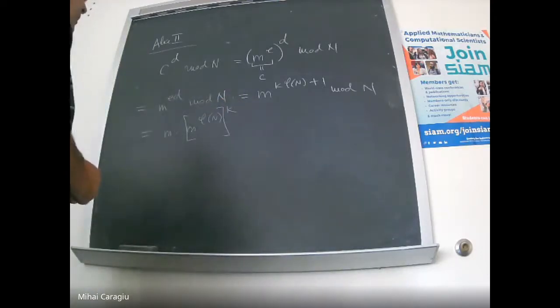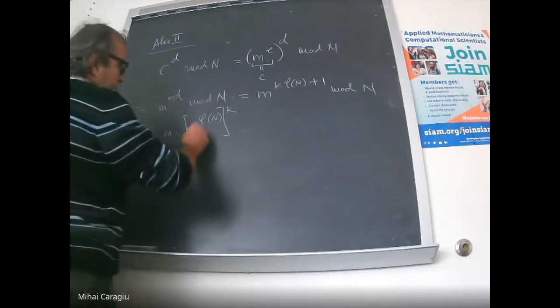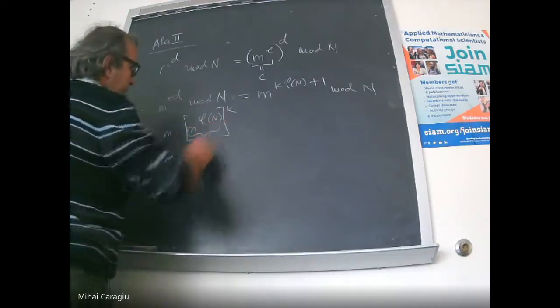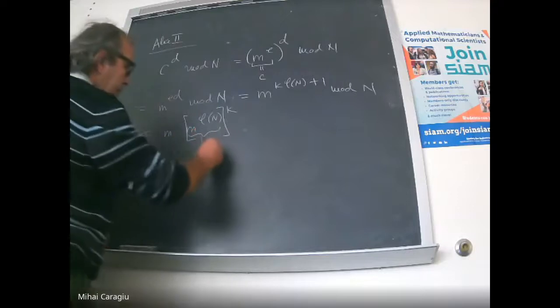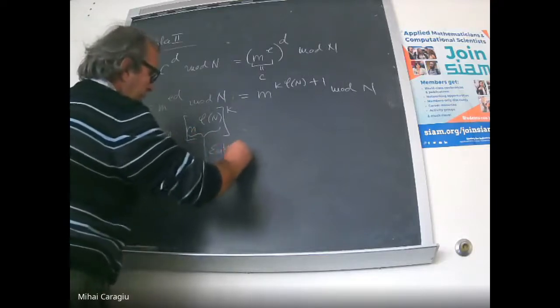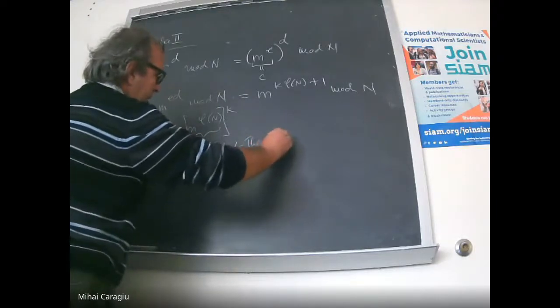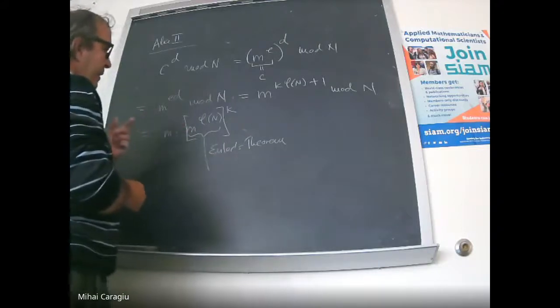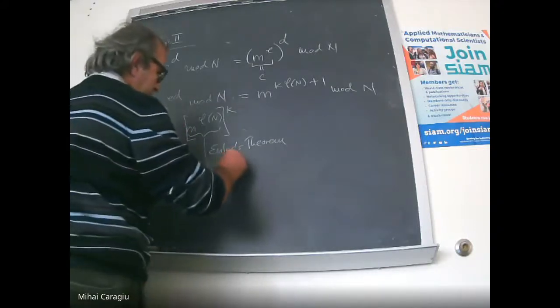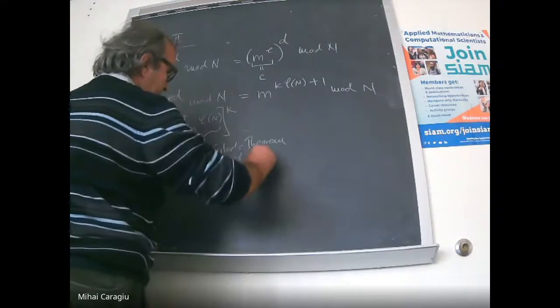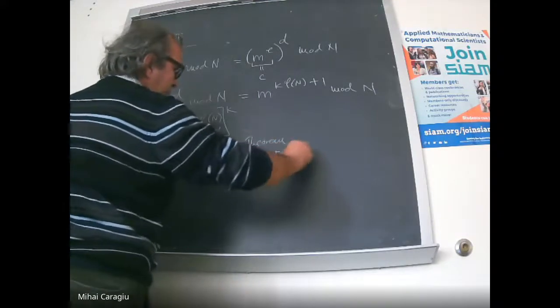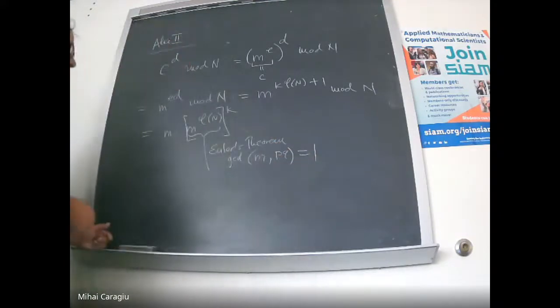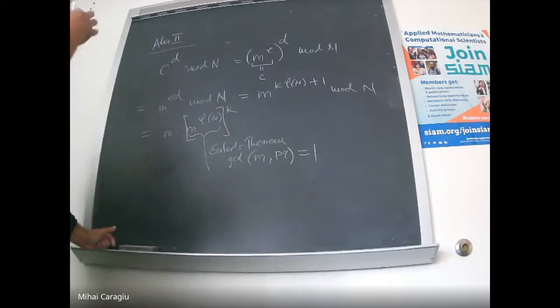Okay, so inside of this bracket, due to the Euler theorem, assuming the greatest common divisor of m and n is 1, GCD of m and pq equals 1, which for all practical purposes is satisfied.